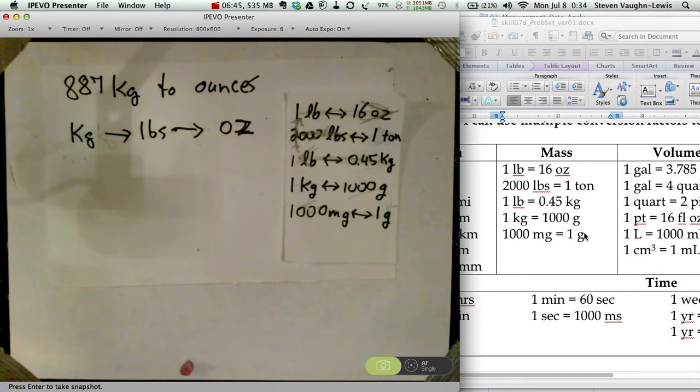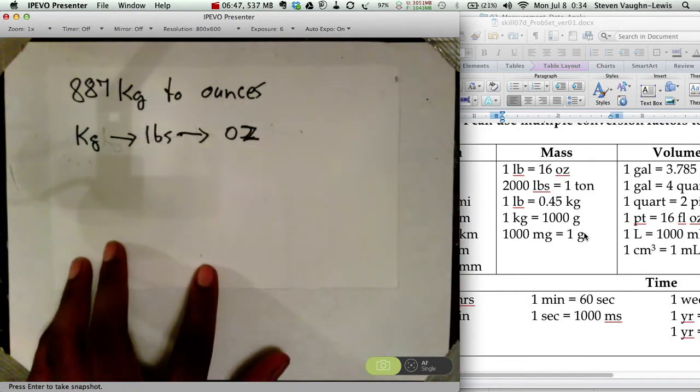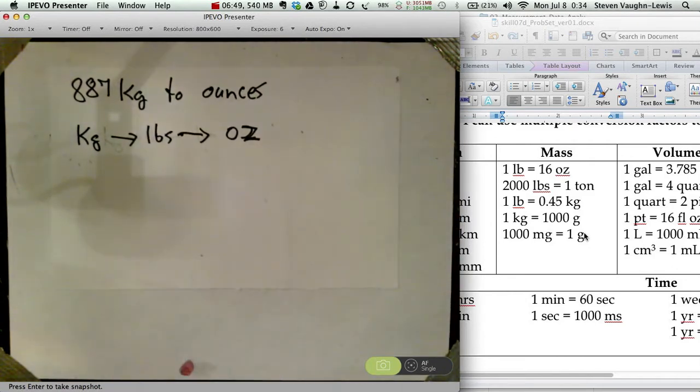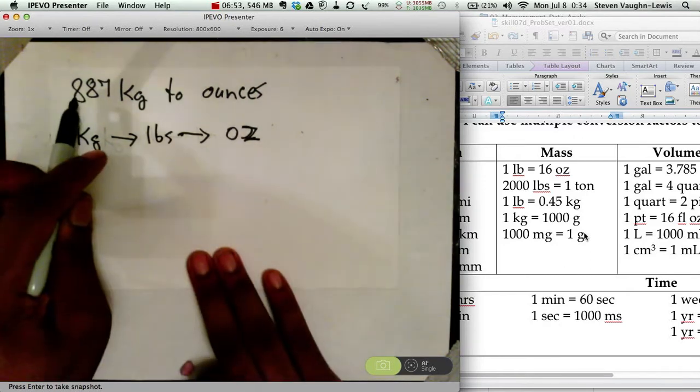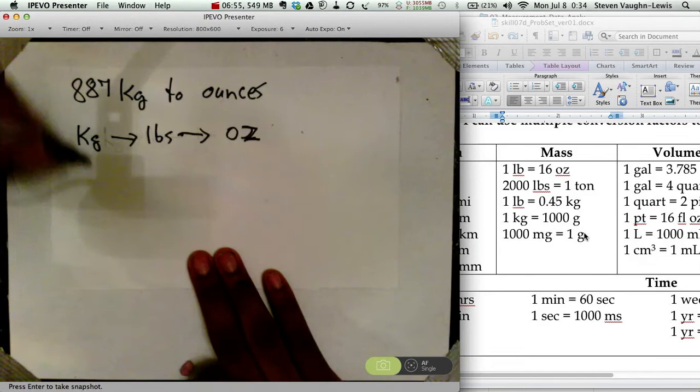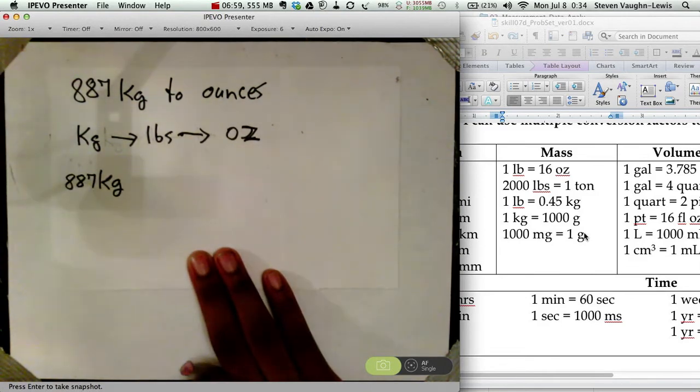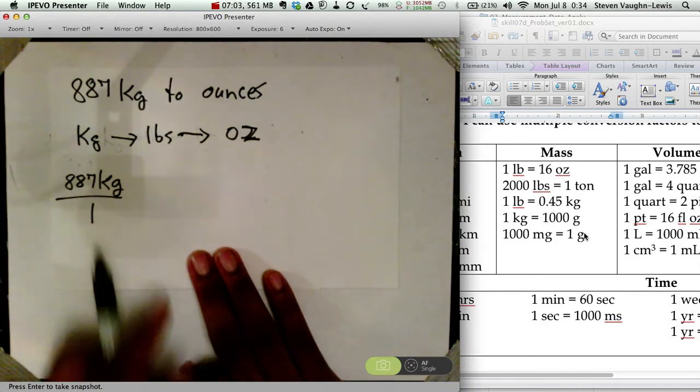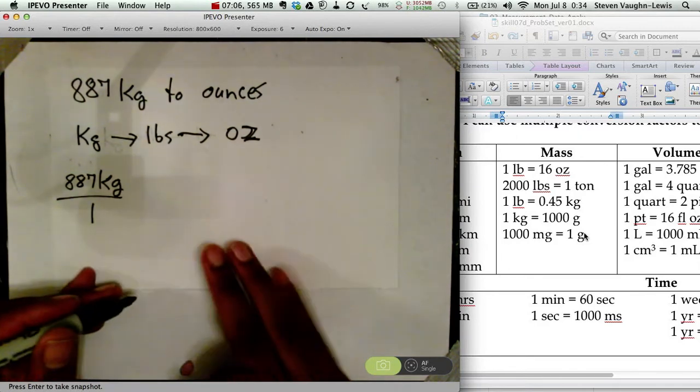So my first step, now that I know which path I'm going to take, is to go from kilograms to pounds. I start with what I'm given, 887 kg, and I'm going to turn that into a fraction. Now I want to go from kilograms to pounds.